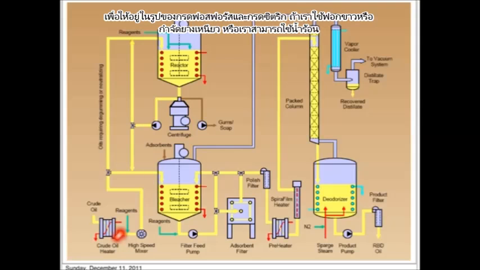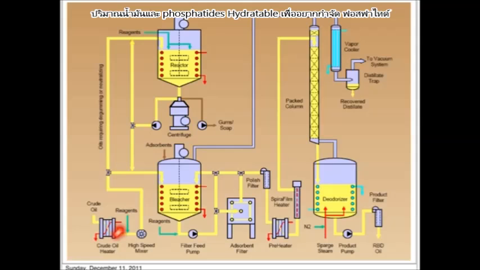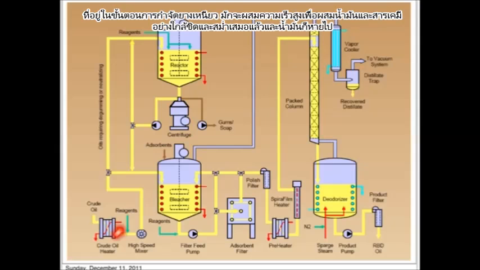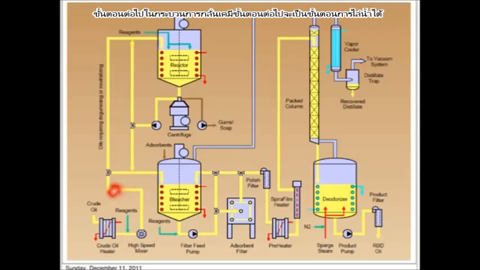This can be in the form of phosphoric acid or citric acid, if we use acid degumming, or we can also use hot water if the oil contains hydratable phosphatides. The gums or the phosphatides will be removed at this stage in the degumming process. Usually a high-speed mixer is required here to mix the oil and the reagents intimately and uniformly. Then the oil will go through the next step.